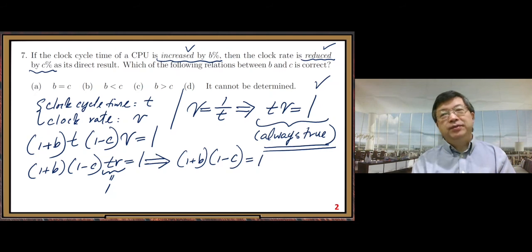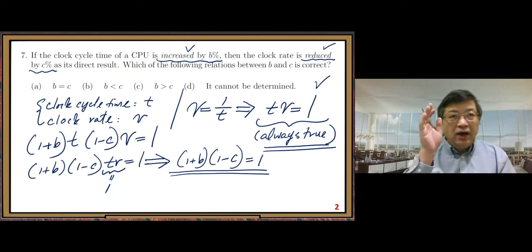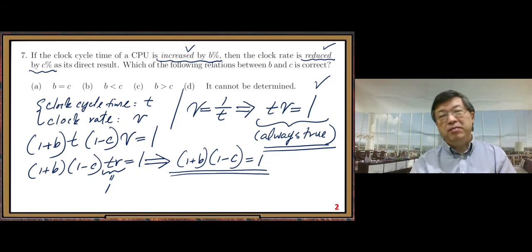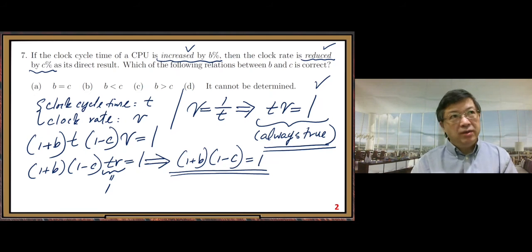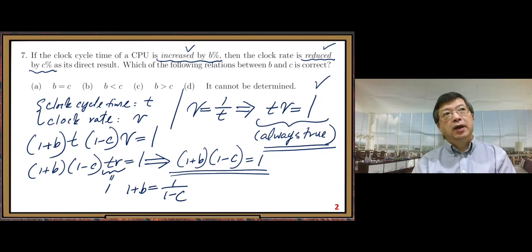The next step is important. After you get this equation, how to do the next? Many of you may not be able to get that part here, so let me show you the key step. You just write 1 plus B equals 1 over 1 minus C. Then the next step is very important.